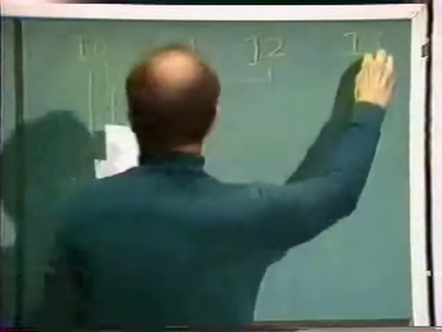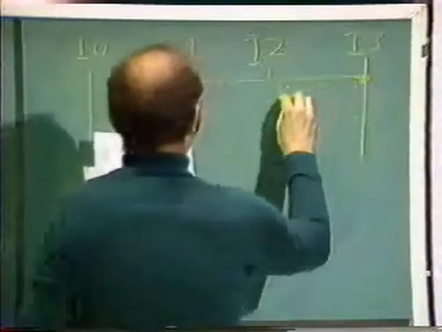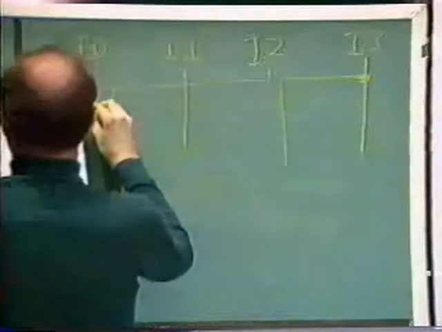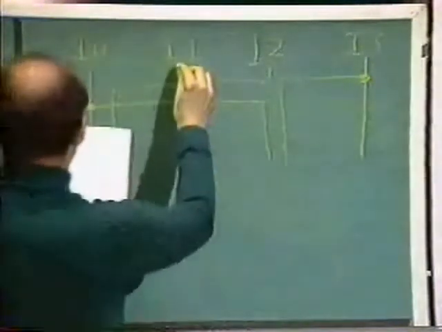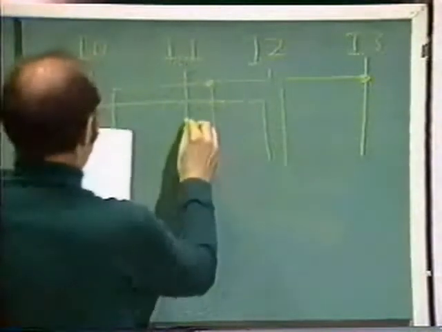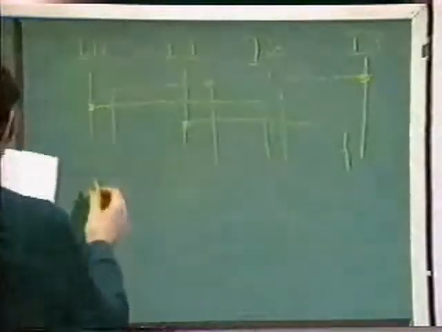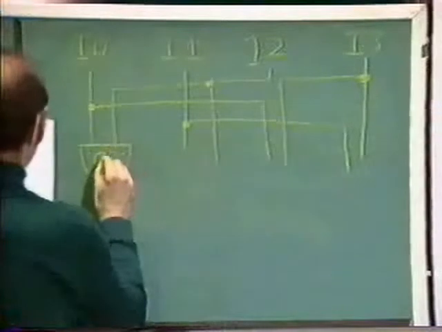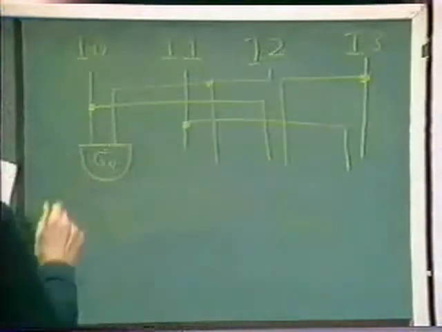Okay, so here we got this guy, and we got this guy coming over here. Then there is an AND gate here. So this is G0, which will stand for an AND gate.